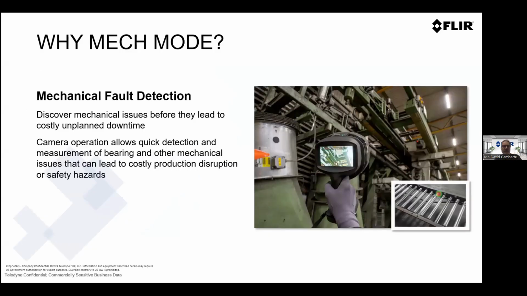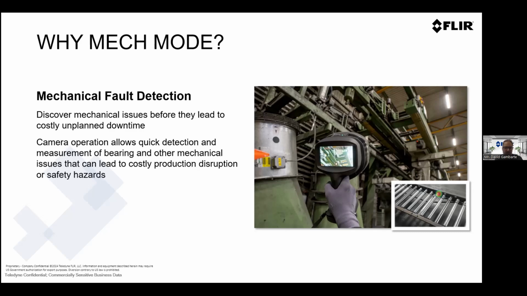Why the Make Mode? So mechanical fault detection, discover mechanical issues before they lead to a costly unplanned downtime. So why we need to find them is because we want actually to do predictive maintenance. We want to find them before they actually lead into a problem.